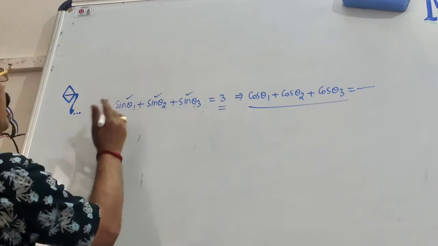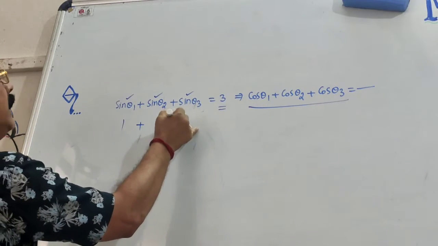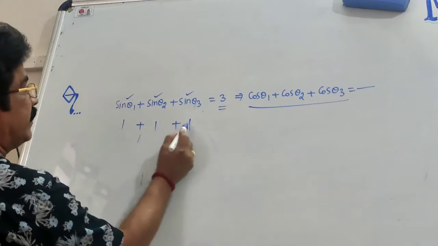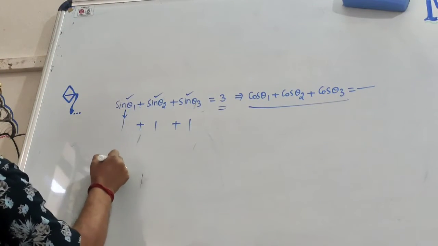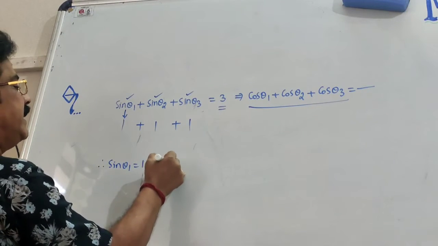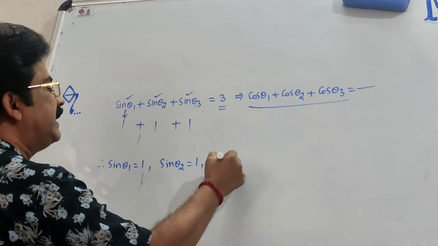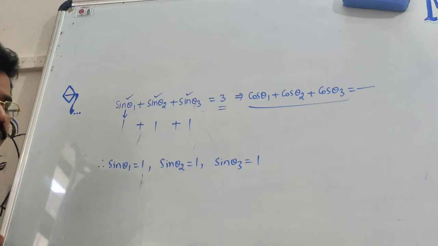This value is equal to 1, this value equal to 1, this value equal to 1, therefore the sum is 3. Therefore sin θ1 is 1, sin θ2 is 1, sin θ3 is equal to 1. This is the simple solution.